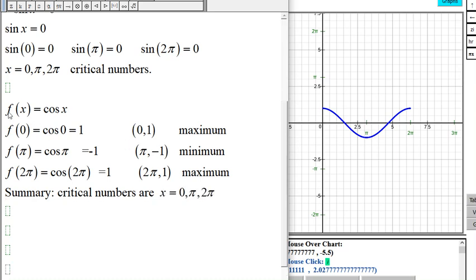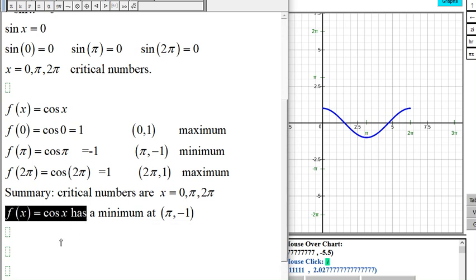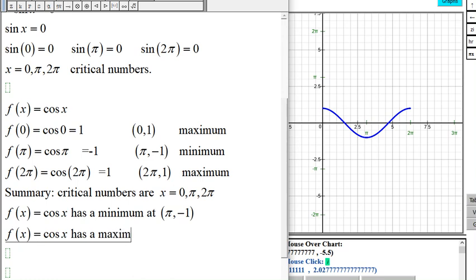And then we say that the function right here has a minimum at the point pi, negative 1, and then has a maximum at 0, 1 and 2 pi, 1.